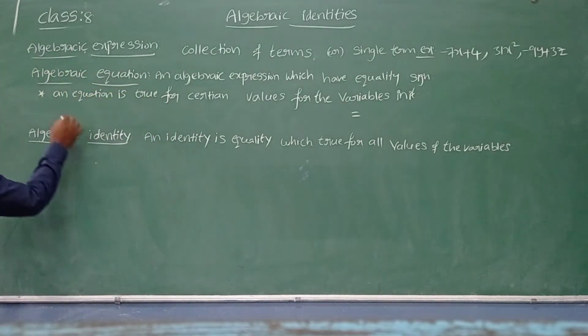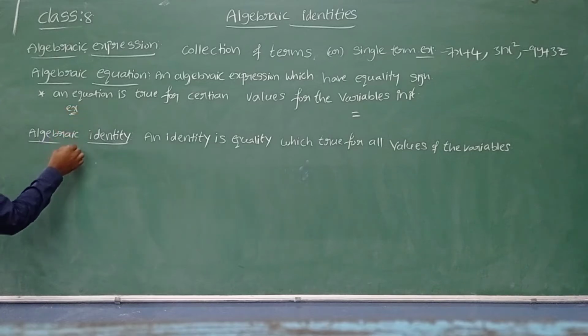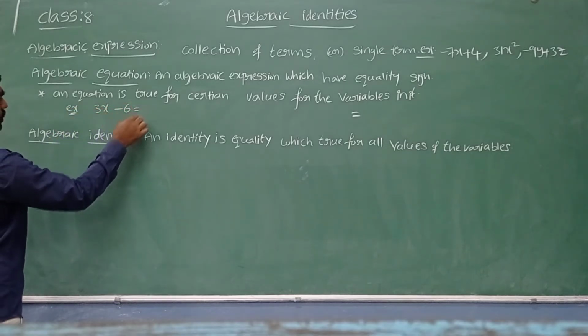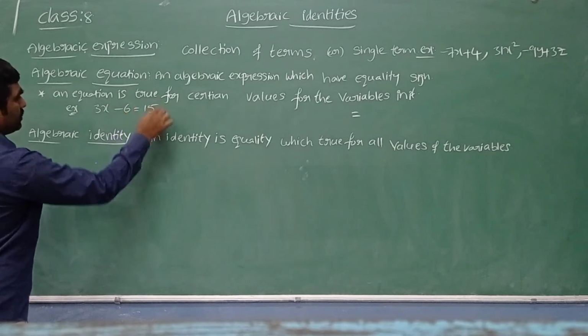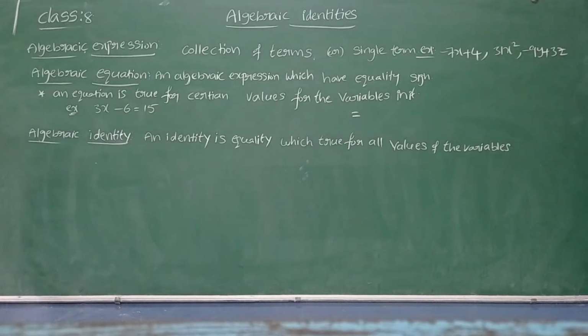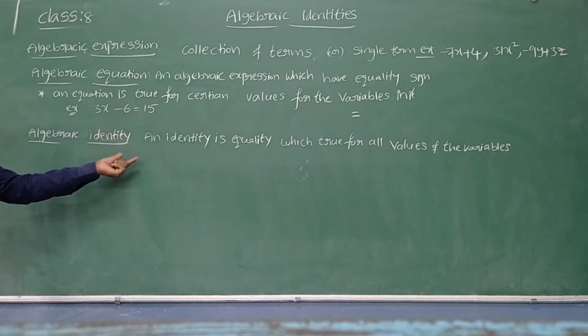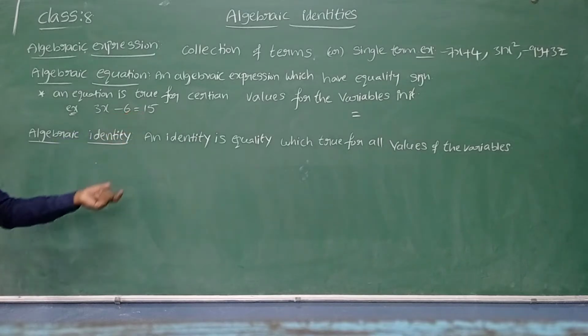Let's take one algebraic equation. Yes, let me take 3x minus 6 is equal to 15. It is called an algebraic equation. First of all, it is an algebraic expression which has an equality sign. Then it becomes an algebraic equation.